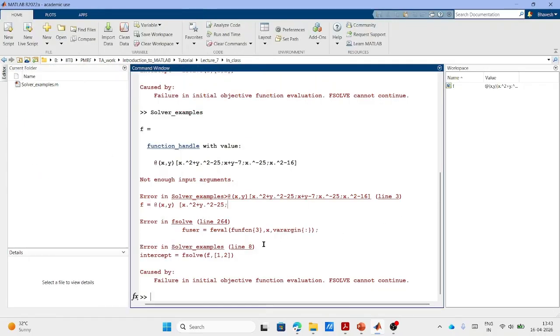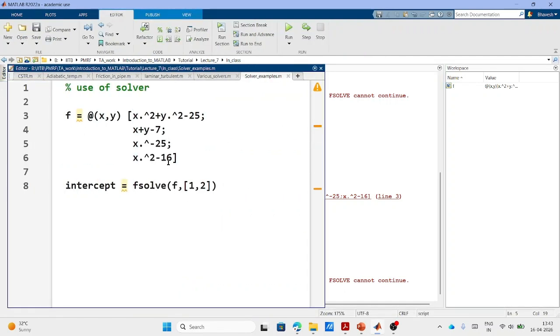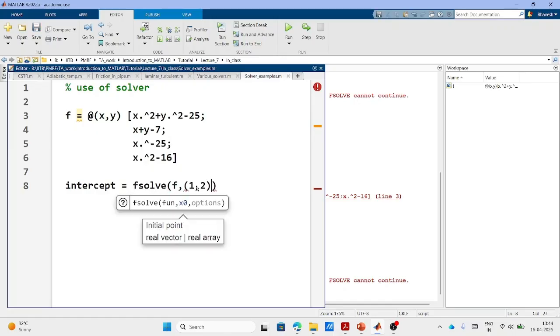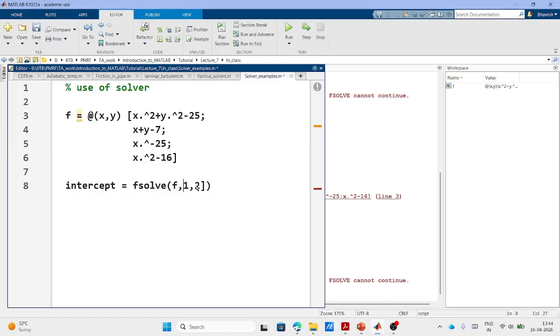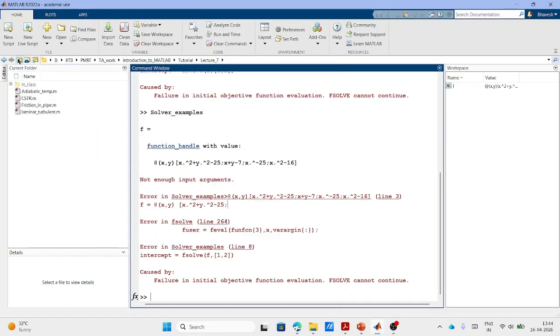Still, we are getting some error. So this is x square minus 25, x square minus 16, x and y. The methods are correct, maybe I'm providing it incorrectly. No, this is not the correct syntax. Just give me a minute. What happened?